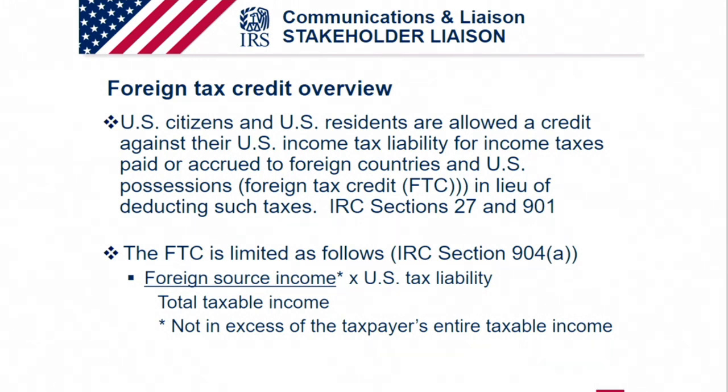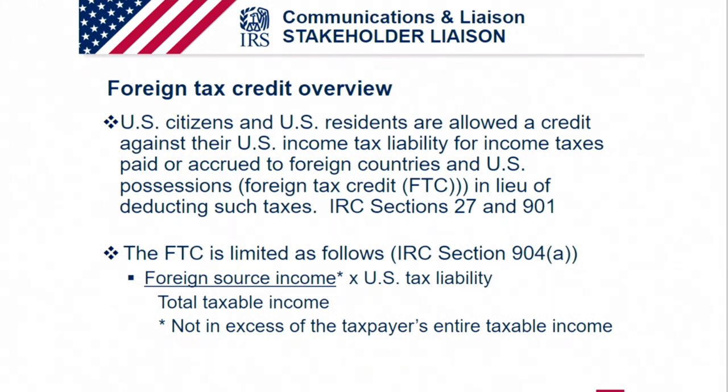The FTC limitation under IRC 904 is the fraction, the numerator of which is the foreign source taxable income, and the denominator is the worldwide taxable income. The resulting percentage is then multiplied against U.S. tax liability. Now note that the foreign source taxable income in this fraction cannot exceed the taxpayer's entire taxable income.